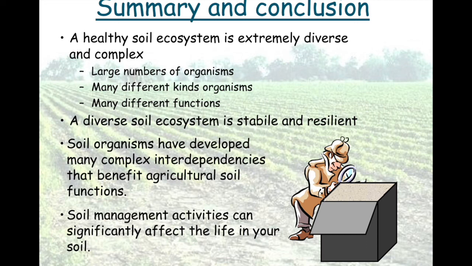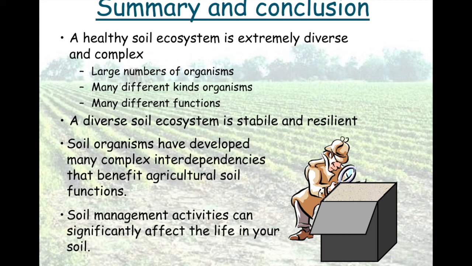A diverse soil ecosystem has stability and resiliency. And soil organisms have developed many complex interdependencies that benefit agricultural soil functions. And lastly, we have the so-called soil management activities that significantly affect the life in your soil.